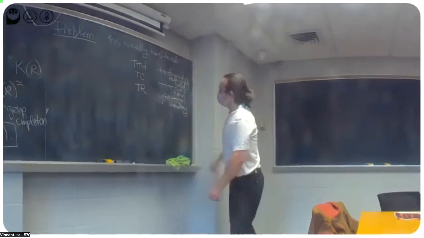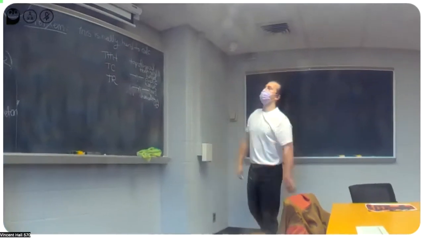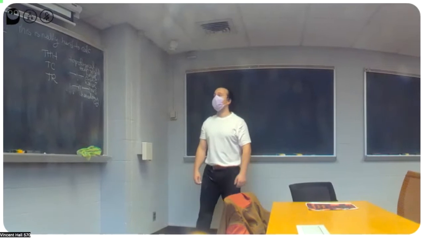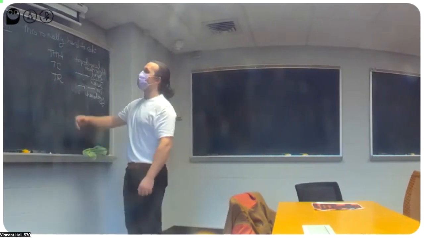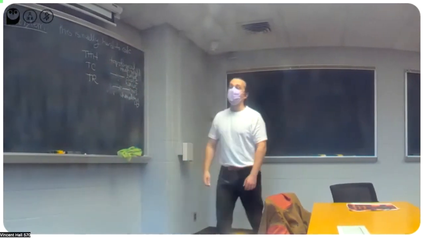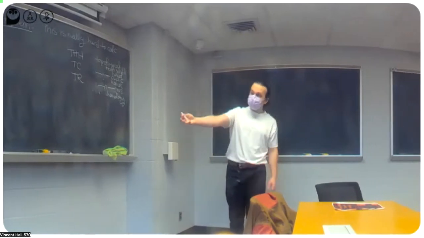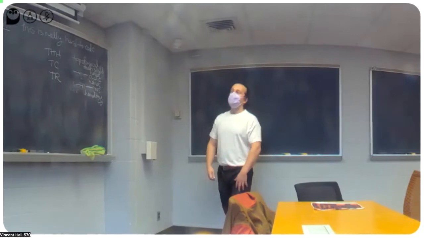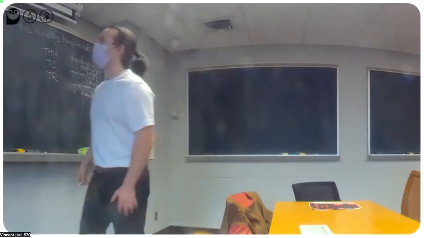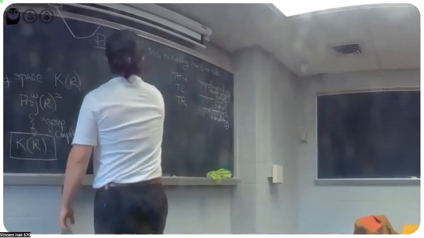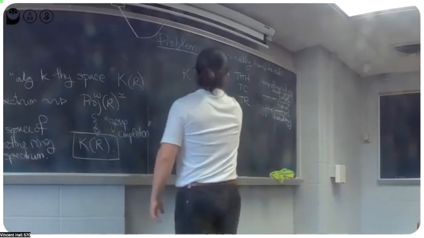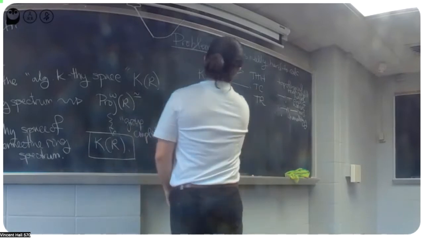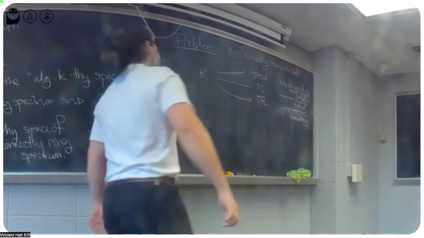Maybe I'll say something about what these things are. These things are invariants of ring spectra, or connective ring spectra if you like, just like algebraic K-theory. And they come equipped with a bunch of transformations, going from K-theory to THH, K-theory to TC, K-theory to TR.